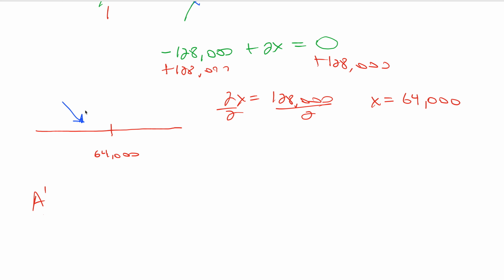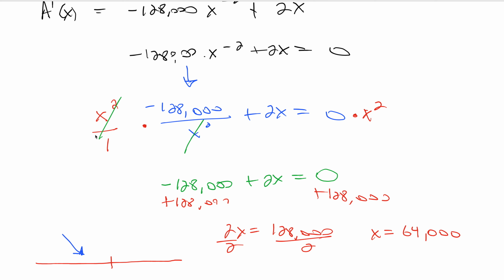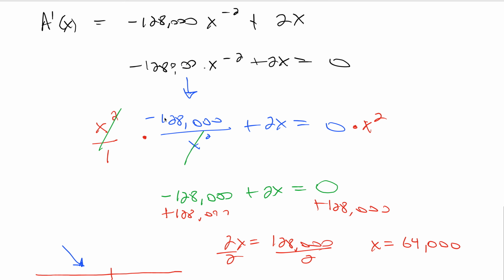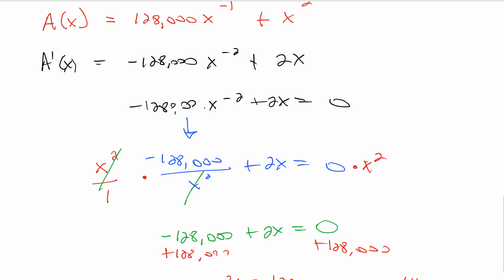So then we go over here and we plug in 65,000. Let me bring our derivative right here. I'm going to do A prime of 65,000.